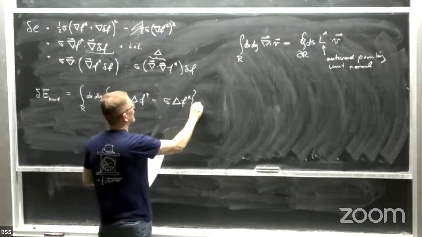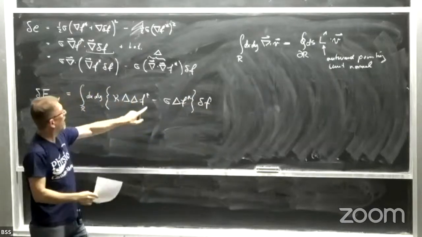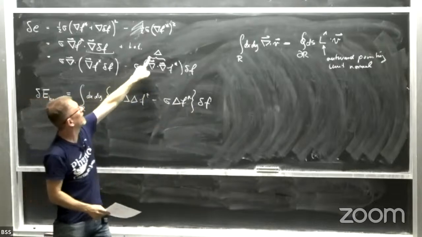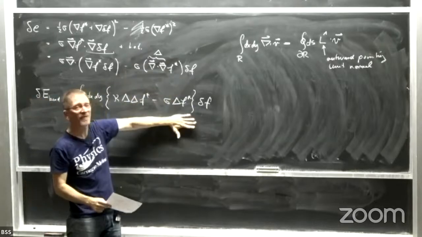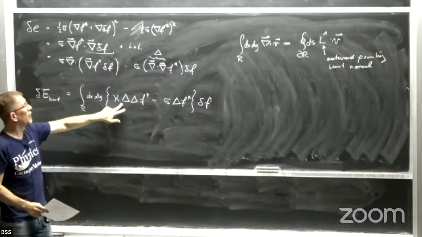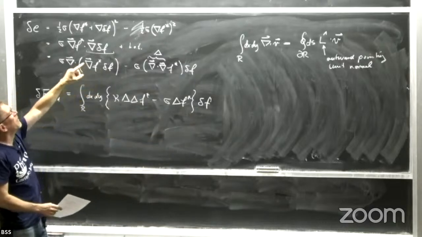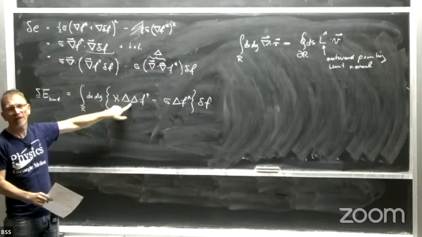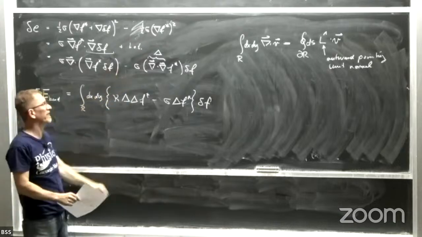And all of this multiplied by delta f. This minus sigma Laplacian f star delta f is exactly this. The other one with two Laplacians is because if I have two Laplacians on the delta f and I just shuffle them off and put them onto f star, I end up with another Laplacian on f star, so I get four derivatives on f star.